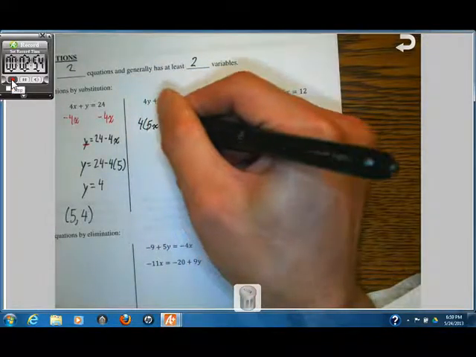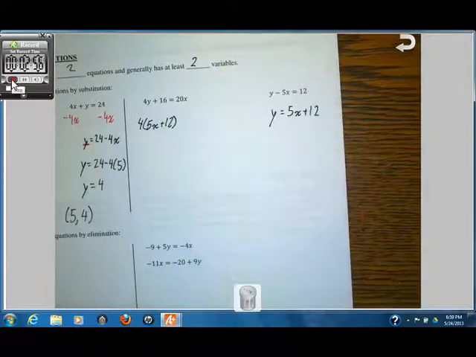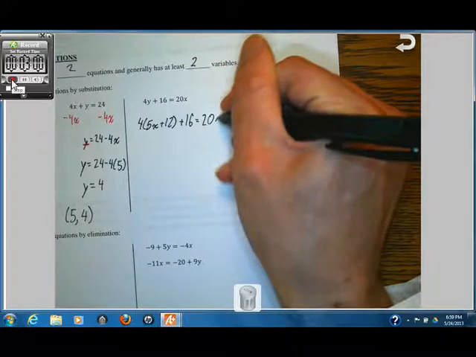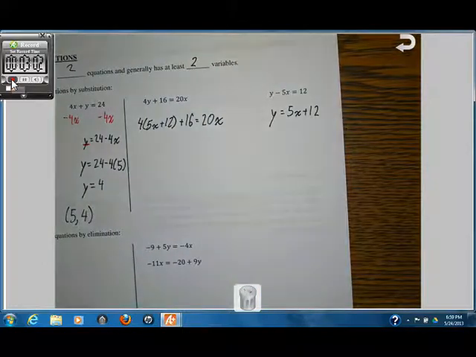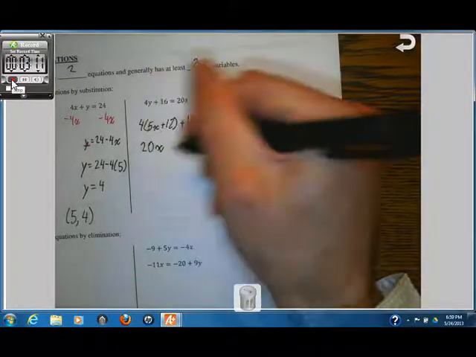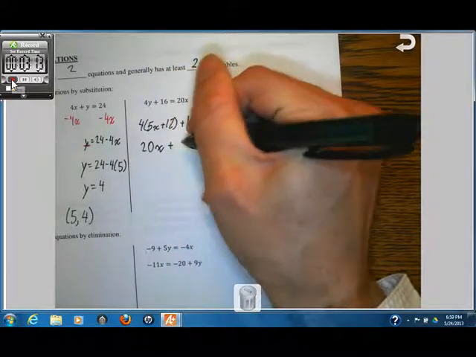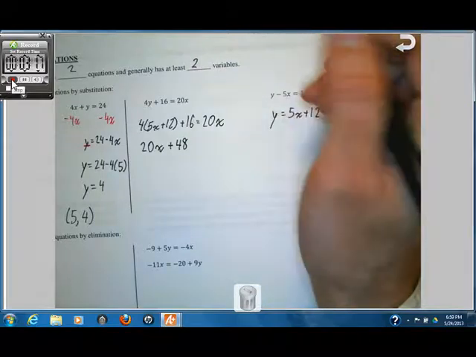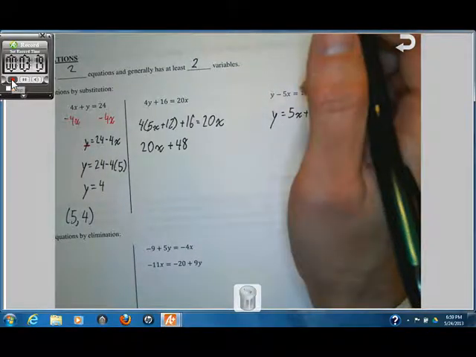Once again, you have two equations, two unknowns. You distribute, you have 20x plus 48 plus 16 is equal to 20x.